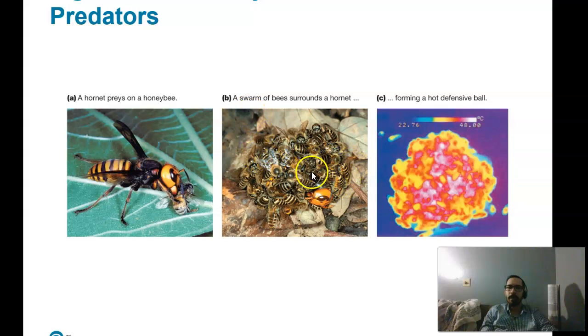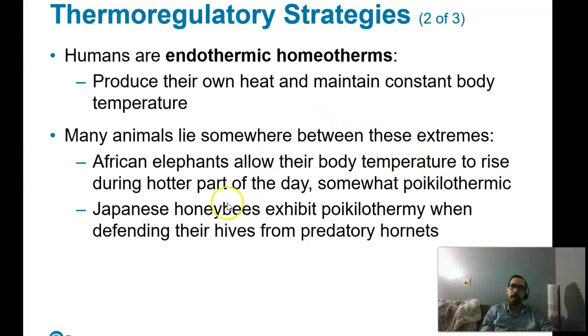When it finds a hive, in order to protect the hive, the honeybees surround the hornet and then they raise their body temperature to a level that the hornet cannot withstand. And so essentially they bake it. Okay. So in this case, the honeybees are exhibiting poikilothermy.